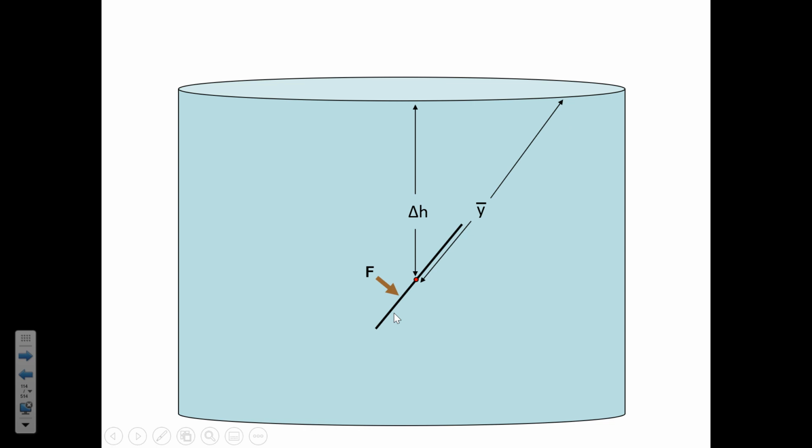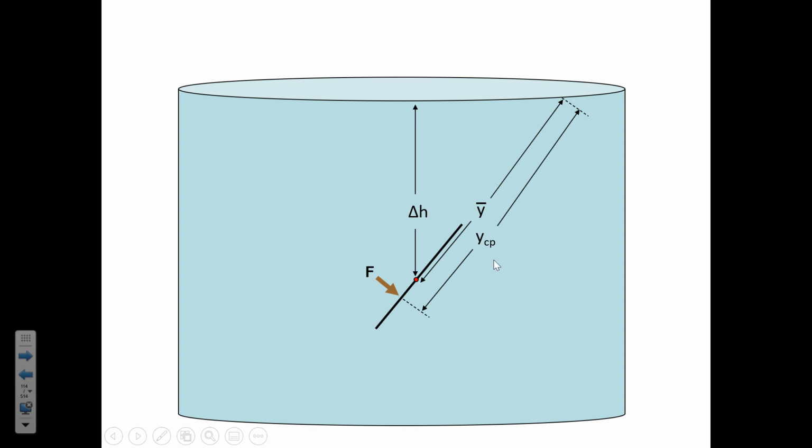Y bar is the inclined distance from the water surface to the centroid. So Y bar follows a path at the same angle as the gate, whereas delta H was straight down, Y bar is at an angle. YCP is the inclined distance from the force location to the water surface, and it follows the same angle that Y bar did.